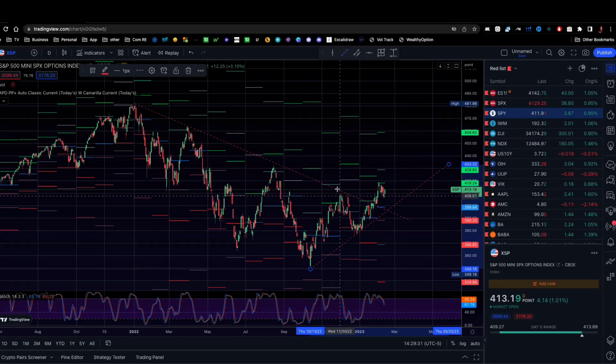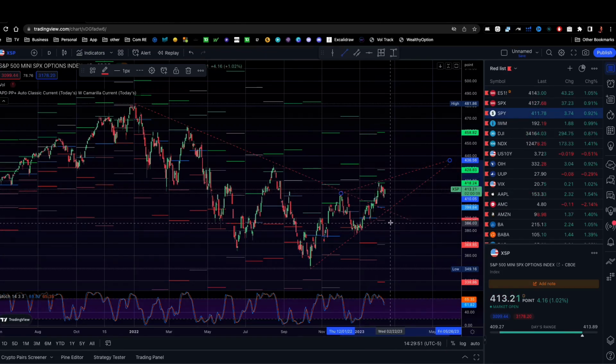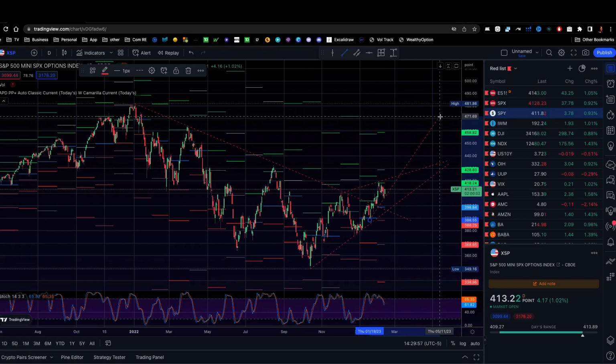The next line I want to draw is this particular trend line right here. And we're going to draw a trend line like that. This is a shorter term trend, but it does establish a new pennant pattern that we are in right now. And I could even do one like, say here, something like that.